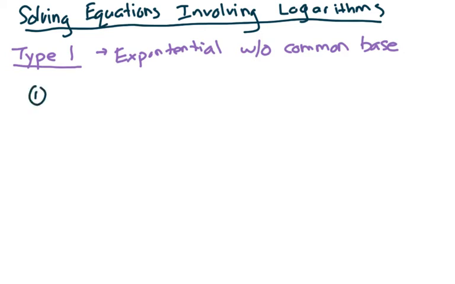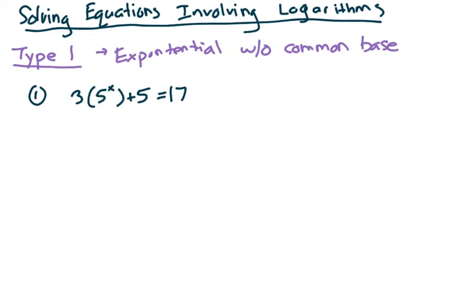All right, so number 1. Let's look at 3 times 5 to the x plus 5 equals 17. Now, our goal when we're solving these exponentials is to get this 5 to the x by itself.